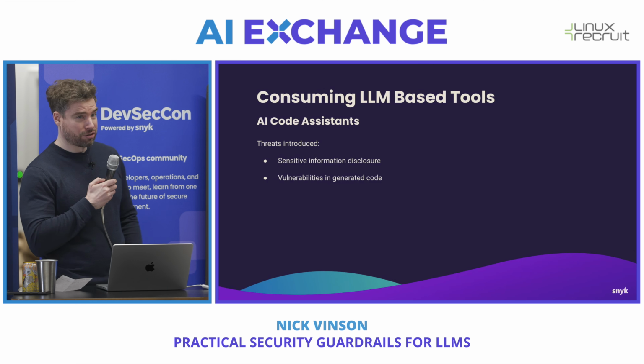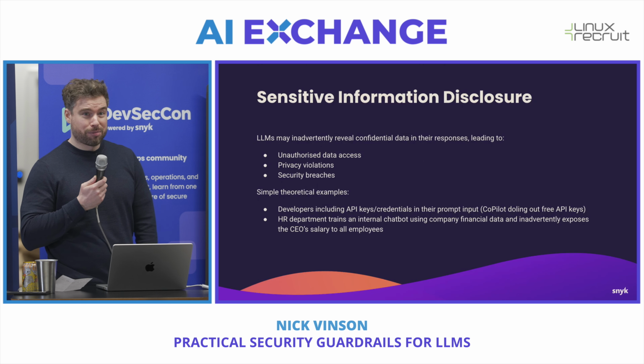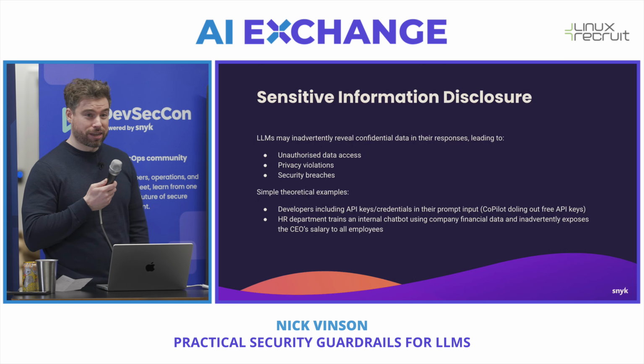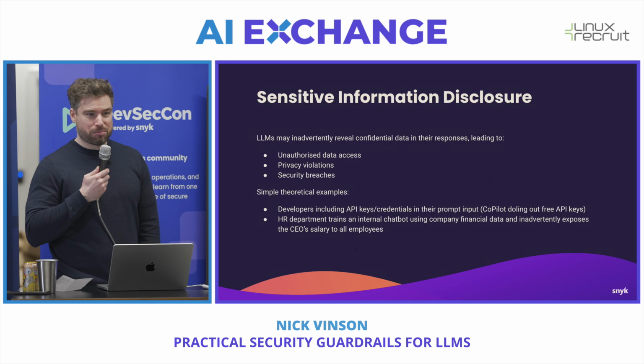Some recent examples of this are, if anyone saw the news articles about Copilot happily providing free API keys to anyone who was requesting it, because developers had been inadvertently putting them in their prompt input. Another simple theoretical example is an HR department deploying an internal chatbot and putting all their company's financial data in there, inadvertently exposing employees' salaries to anyone who's got access to query it.